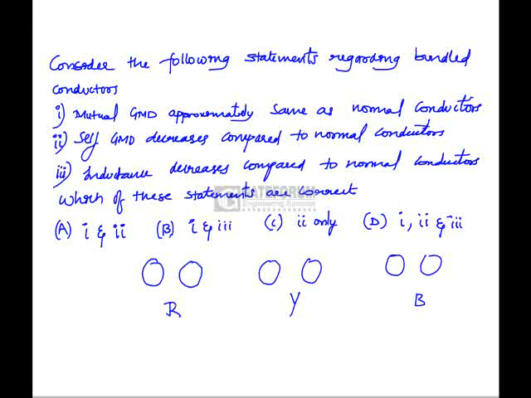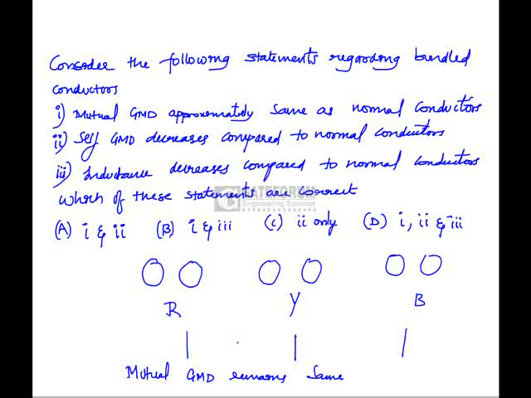Now, when you have bundle conductors, what happens regarding self GMD, mutual GMD and inductance? This is what the question asks. Mutual GMD means distance between phases, and it remains the same because the distance between phases is not changed.